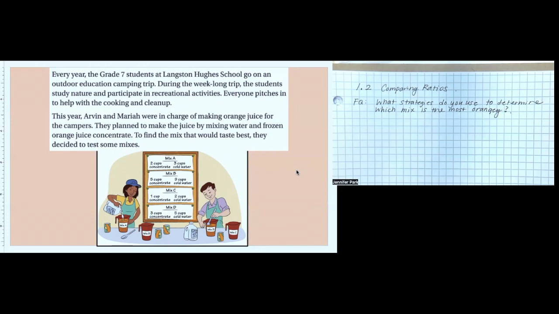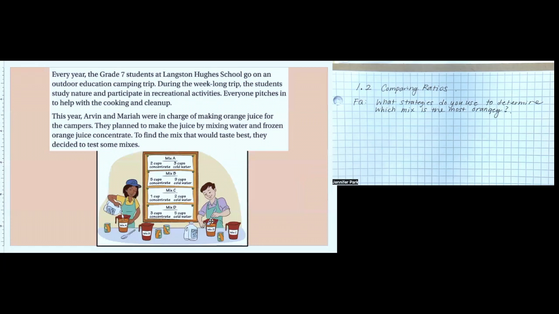Everyone pitches in to help with the cooking and cleanup. Now this year, Arvin and Mariah were in charge of making orange juice for the campers. They plan to make the juice by mixing water and frozen orange juice concentrate. To find the mix that would taste best, they decided to test some mixes.